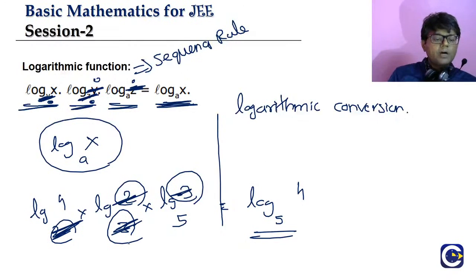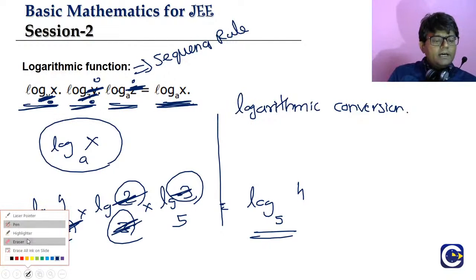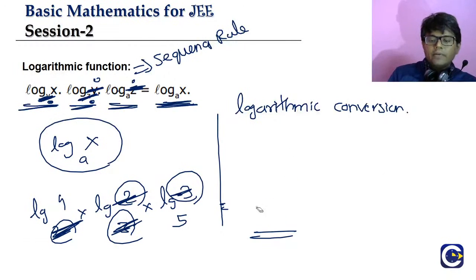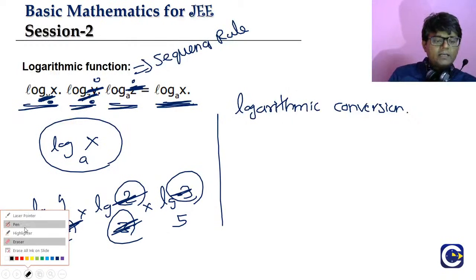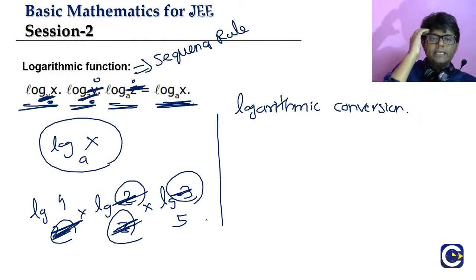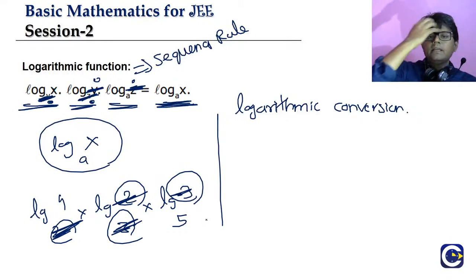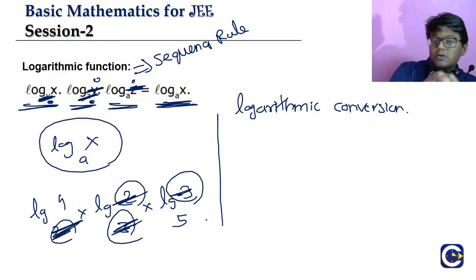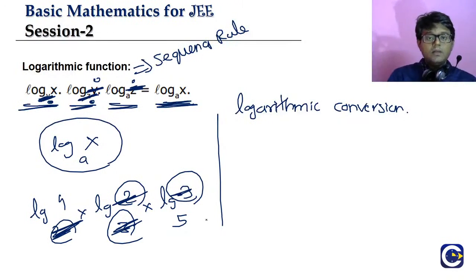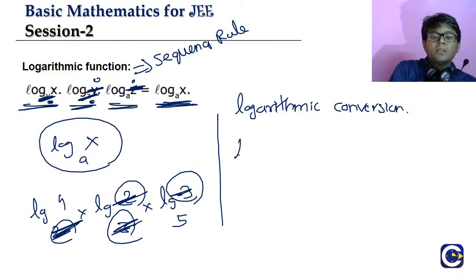Why we do it is because generally when we get the logarithmic function from a mathematical operation, like a differentiation or integration, we are going to be getting the natural logarithm. And sometimes we will be required to convert the natural logarithm into what? Decimal logarithm.